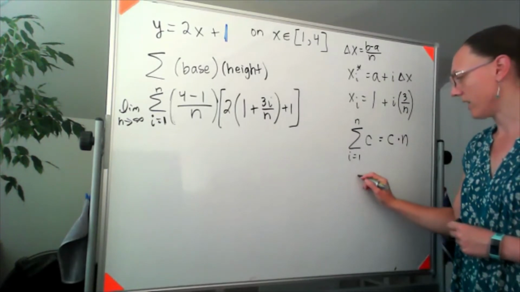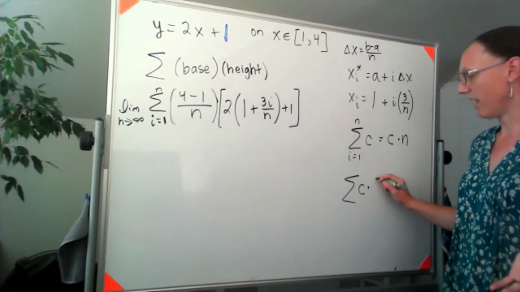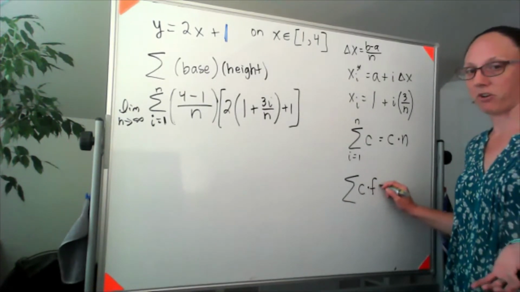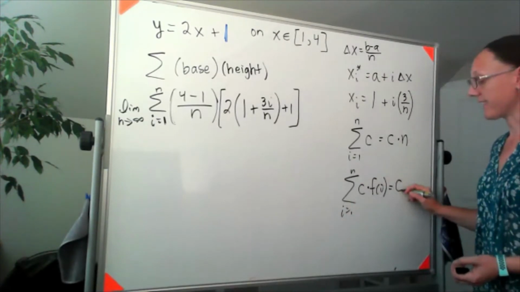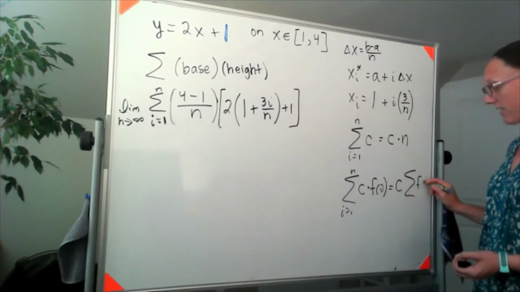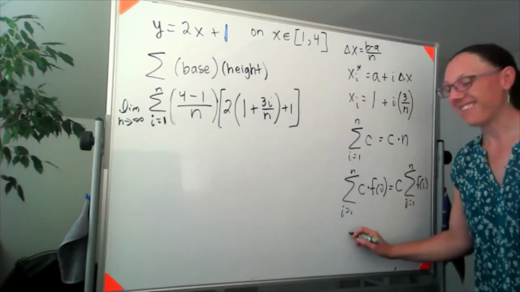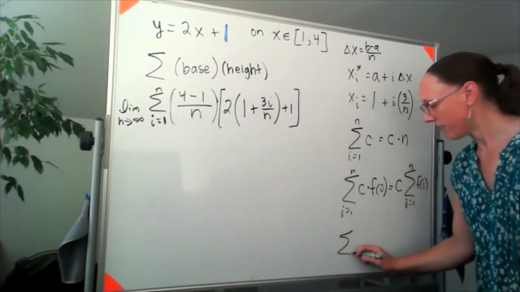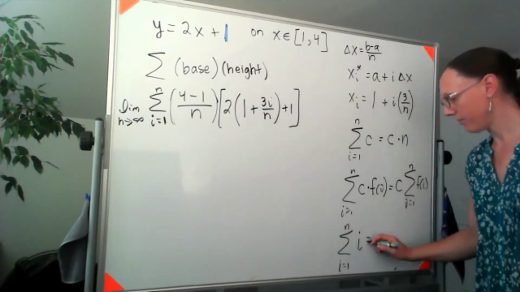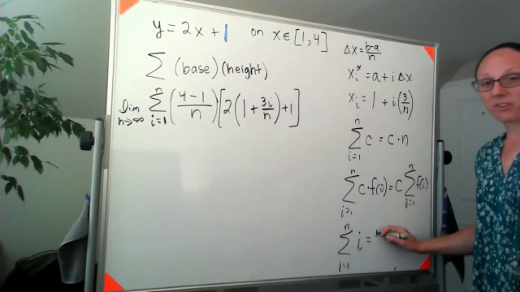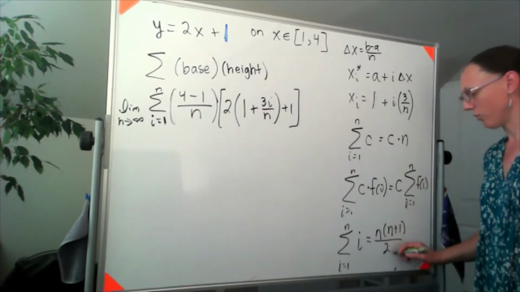The other rule is that if I have a constant times a function, I'm just going to call my function i, that's the same as the constant pulled out in front of the summation. And this last one is that if I take the sum of i from i equals 1 to n, the formula for this is n times n plus 1 divided by 2.